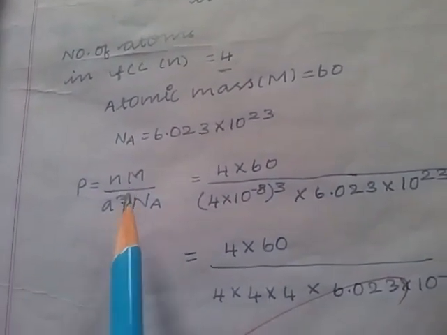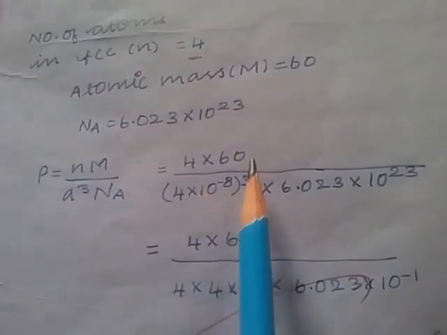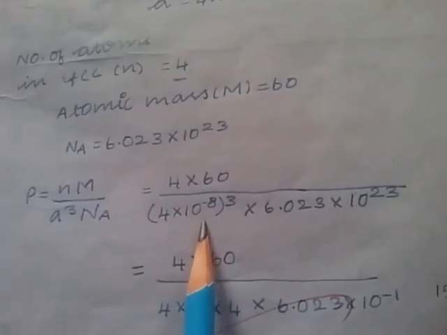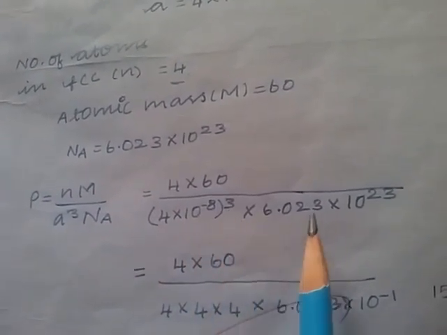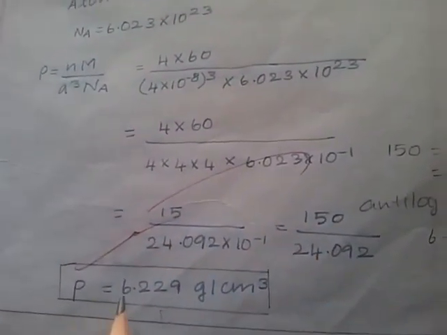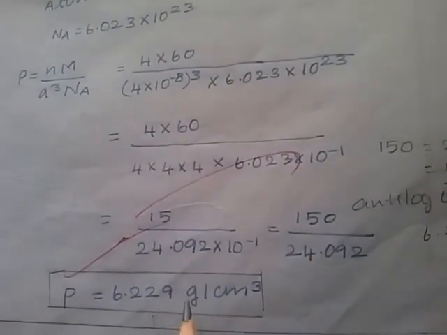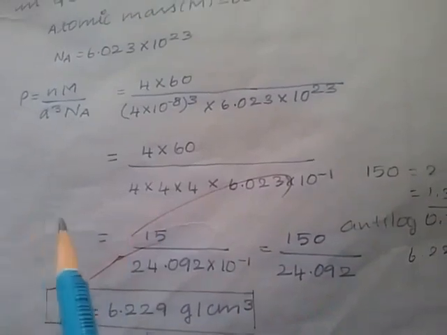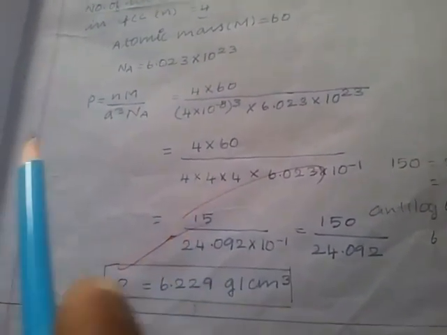Now rho equals n M by a cube Na, so 4 into 60 divided by 4 into 10 power minus 8 the whole cube into 6.023 into 10 power 23. On calculating these values, you will get the answer as 6.229 gram per centimeter cube. So do all these sums in your notebook as a self test.